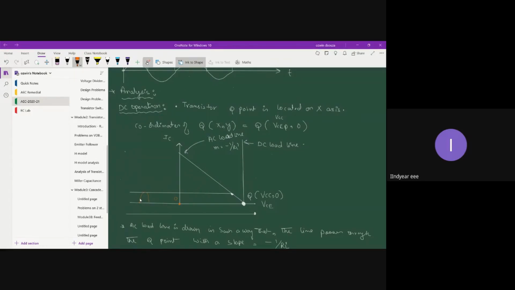So the collector current flows only for the positive half cycle of the input. What happens in the negative half cycle?